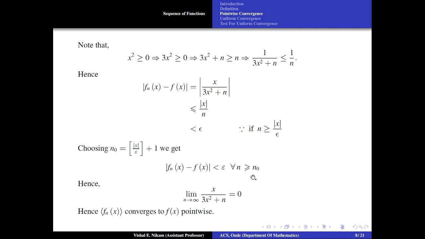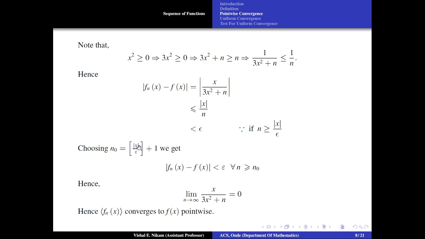That is, whenever you have to show that this limit exists, it is for any given epsilon. Suppose I am asking whether the pointwise limit exists or not, someone can ask what the epsilon is. Then for that epsilon, you have to choose n greater than or equal to n naught. What is n naught?